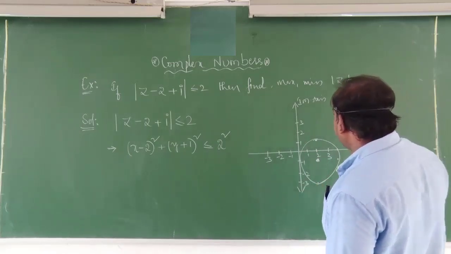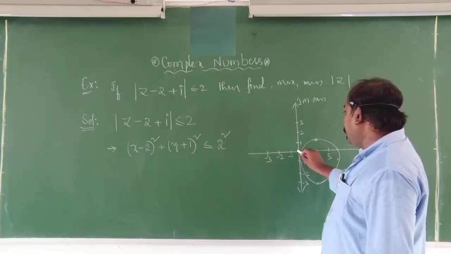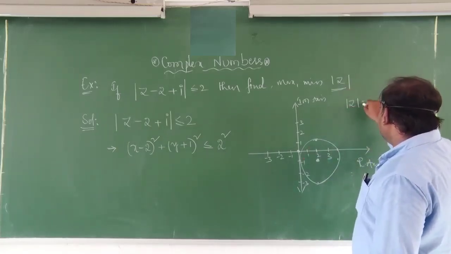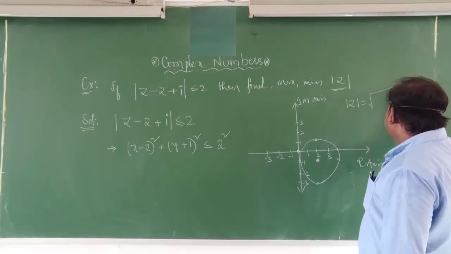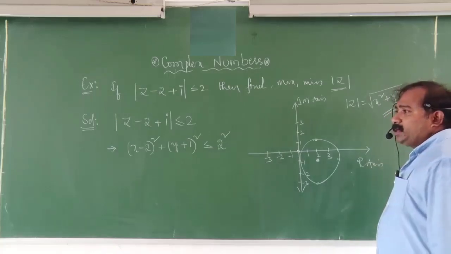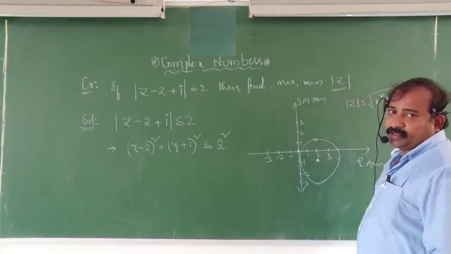Then what are they asking here? The minimum and maximum value of mod z. Here mod z is equal to root of x square plus y square. So we have to find the minimum and maximum value of root of x square plus y square.